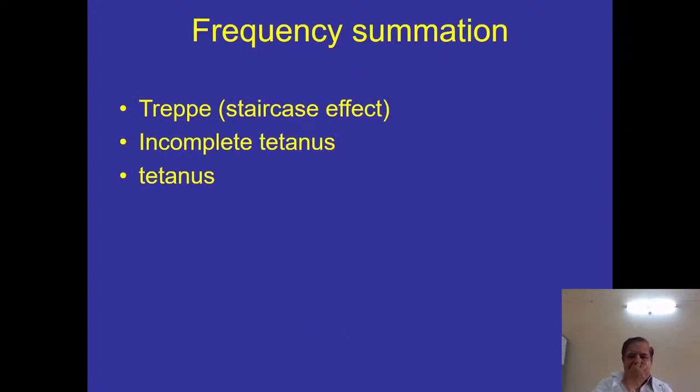Frequency of summation. What is frequency of summation? First, in the relaxation period, you give a simple muscle twitch. Second, you give a stimulus before it is completely relaxed, or once it is relaxed, it is just like a staircase effect because it has a beneficial effect.